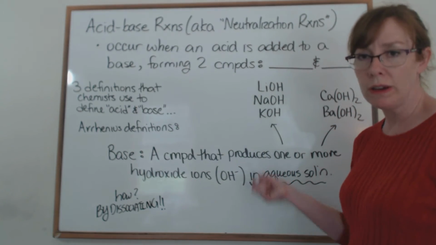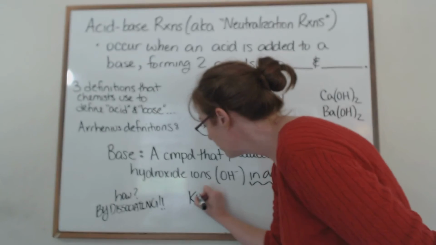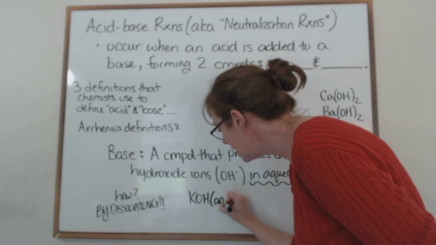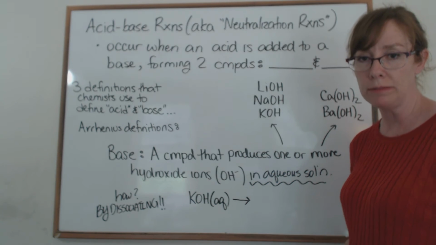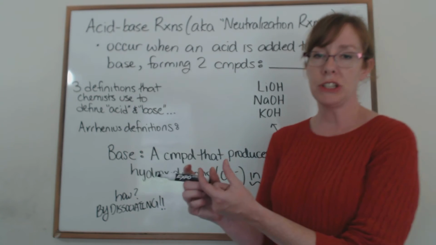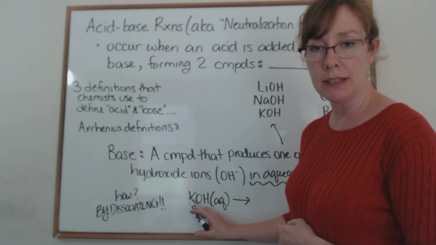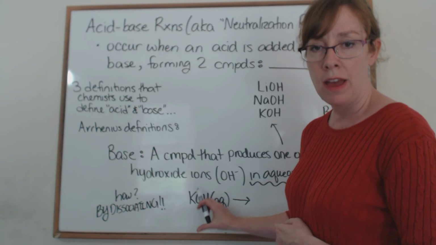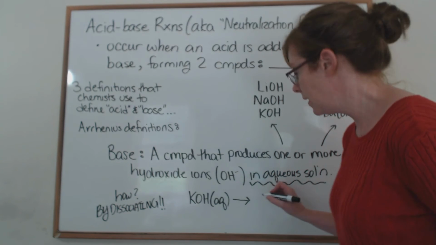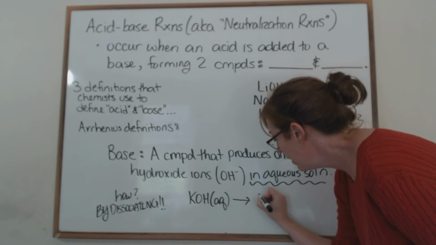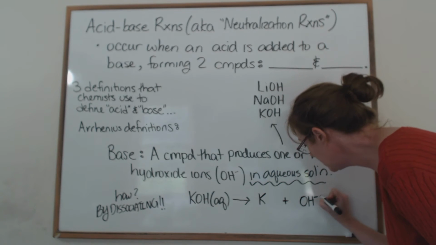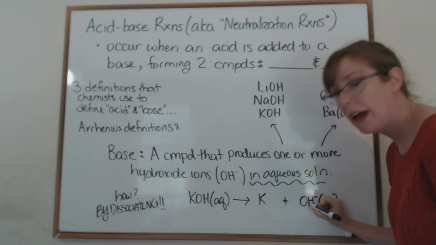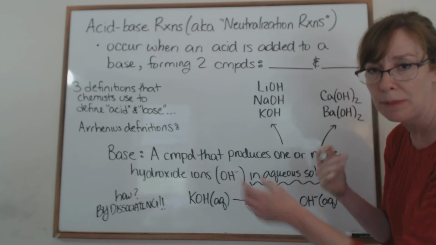So let's just go ahead and do it for KOH. Let's write the dissociation reaction for KOH. What would he produce when he falls apart? He kind of just dismantles. And really what happens is the front ion falls off and the hydroxide ion remains. So it would leave you a K, and the OH minus. They separate.